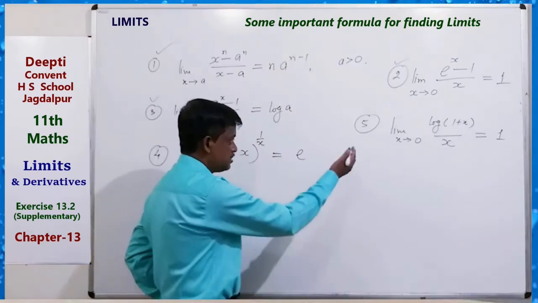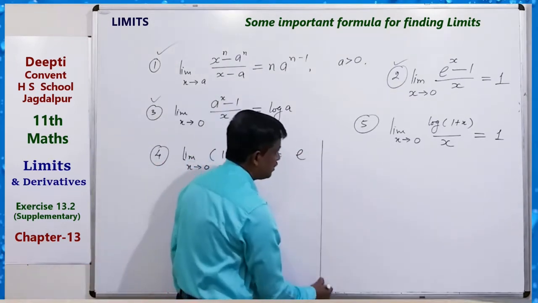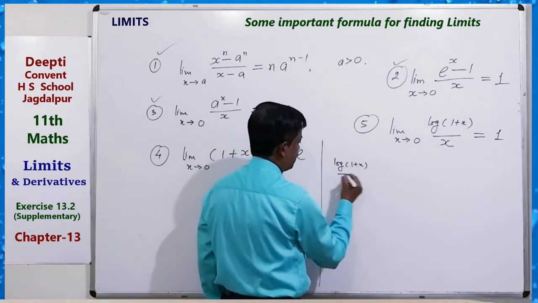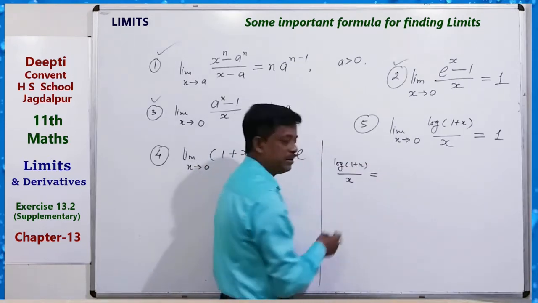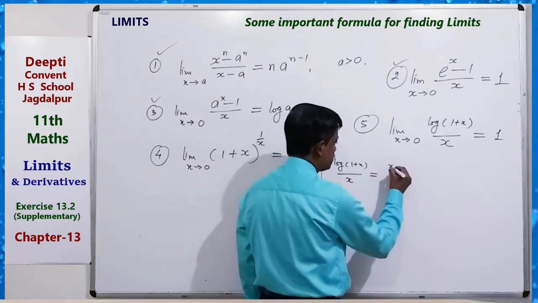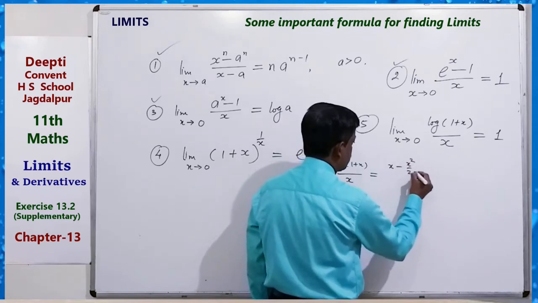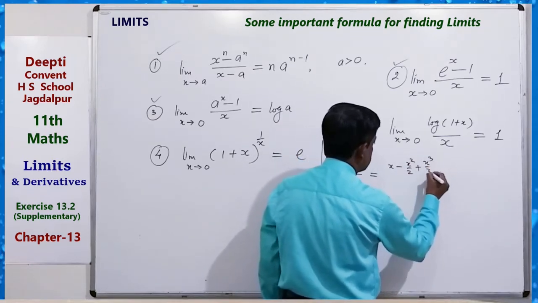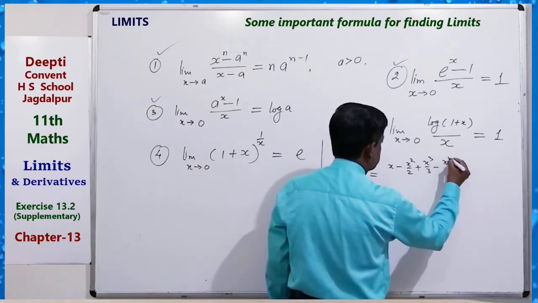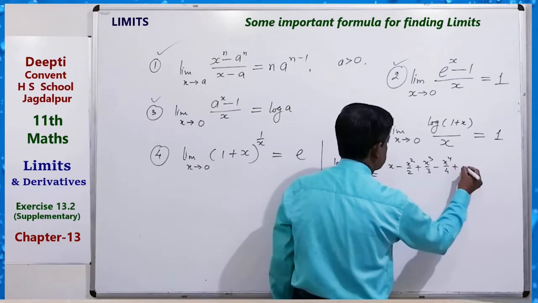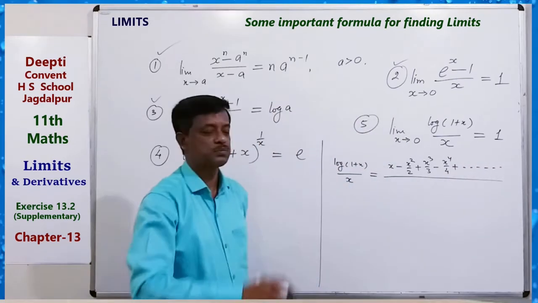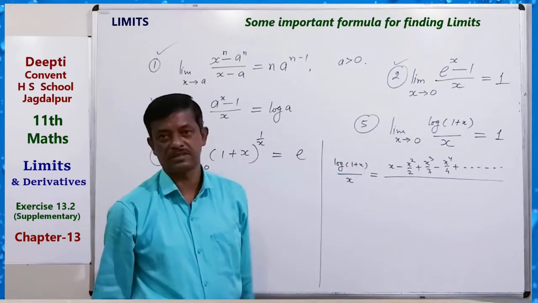So here the series of log(1 plus x) is x minus x square by 2 plus x cube by 3 minus x power 4 by 4 plus and so on. This is the series form of log(1 plus x).